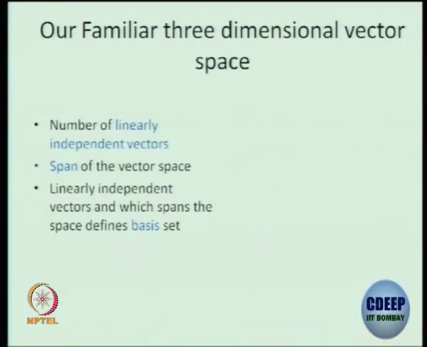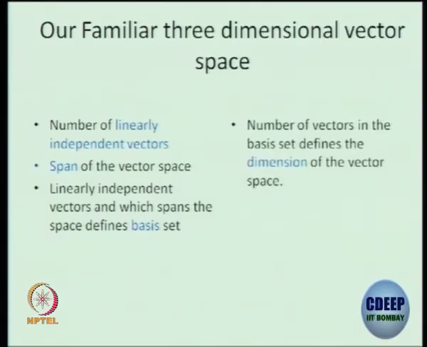So you need to take count of both spanning the space as well as the number of linearly independent vectors. The linearly independent vectors which span the space define the basis set. The number of vectors in the basis set defines the dimension of the vector space.